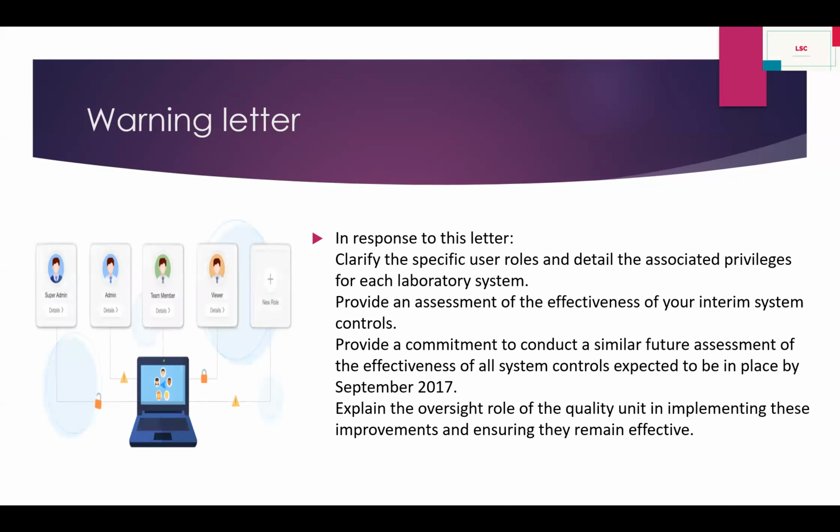In response to this letter, clarify the specific user roles and detail the associated privileges of each laboratory system. Provide an assessment of the effectiveness of your internal system controls. Provide a commitment to conduct similar future assessments of the effectiveness of all controls expected to be in place, and explain the oversight role of the quality unit in implementing these improvements and ensuring their continued effect.